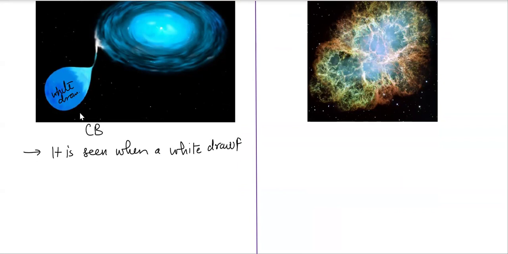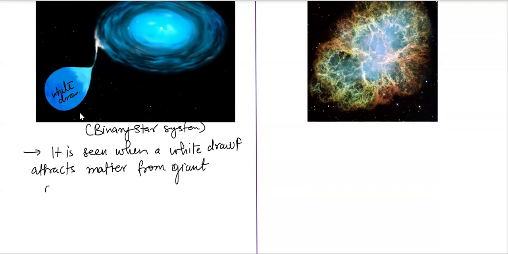Usually this happens in a binary star system only. So it is seen when a white dwarf attracts matter from a giant companion star, stripping it away.